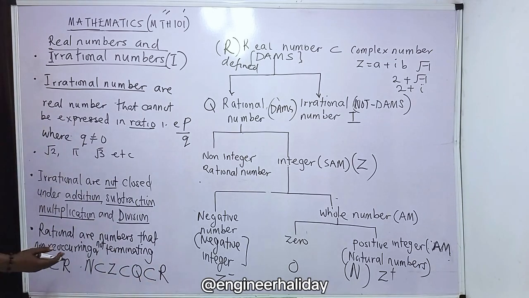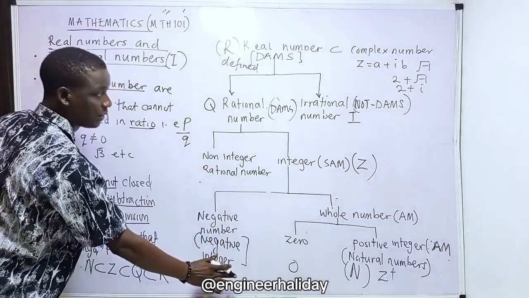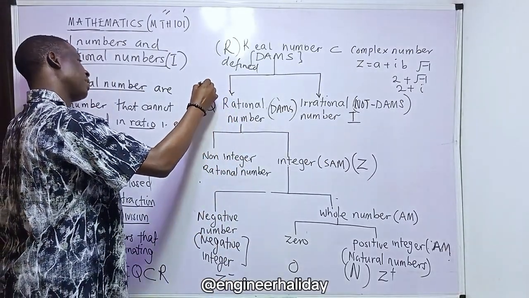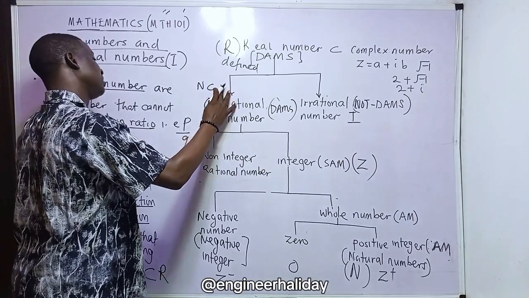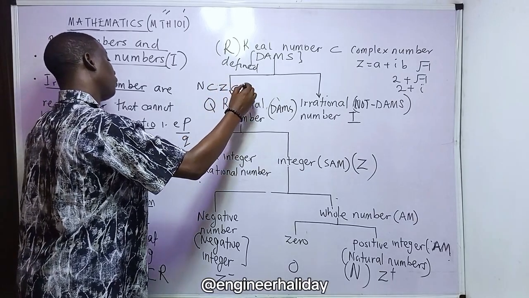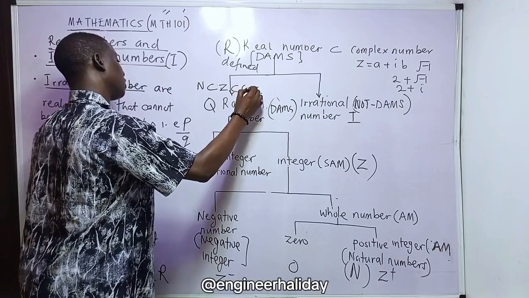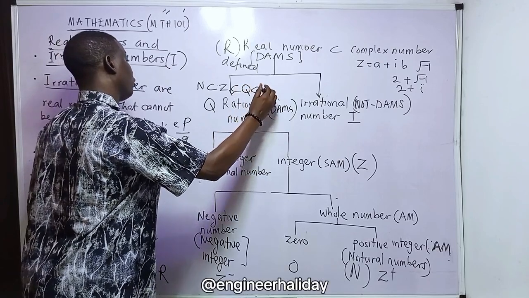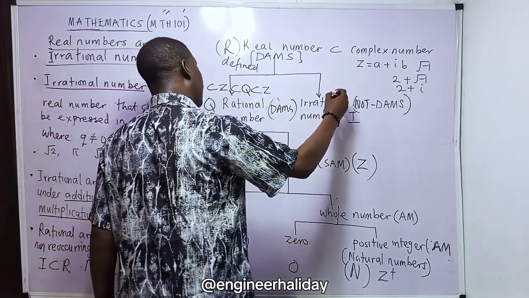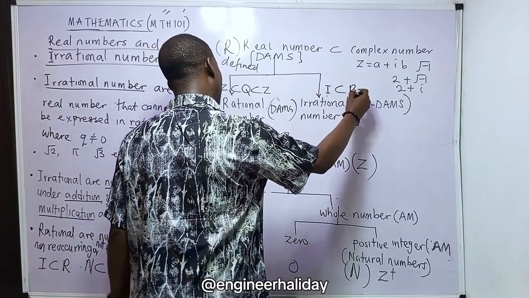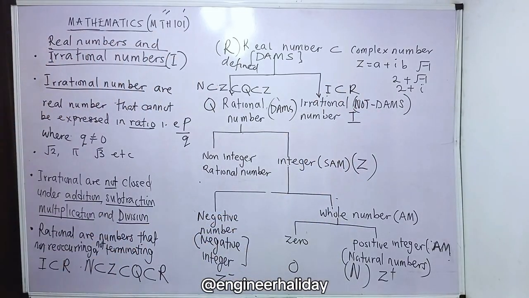Can you see the family of this now? Irrational number, on the other hand, is just a subset of real number. Finish. You see that because of its complexity.